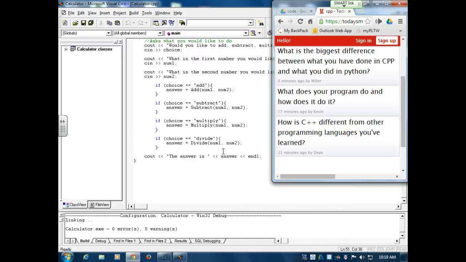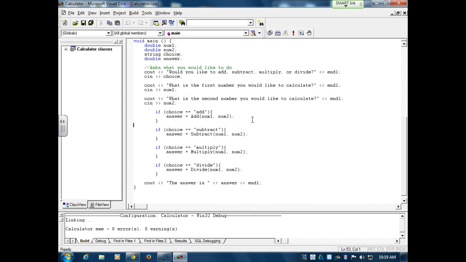Mr. Smith? It really has nothing to do with coding, because I don't know how to code, but I do a lot of proofreading, and I'm looking at it from the user side. If you could close the top window. When you say, what is the first number you would like to calculate? You're not really calculating that number, right?